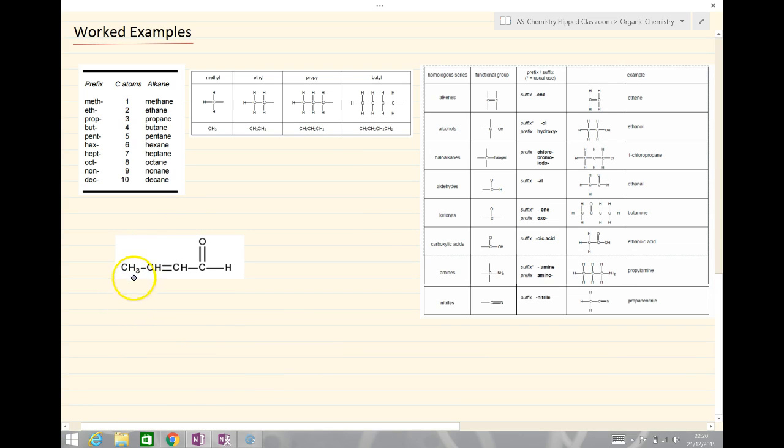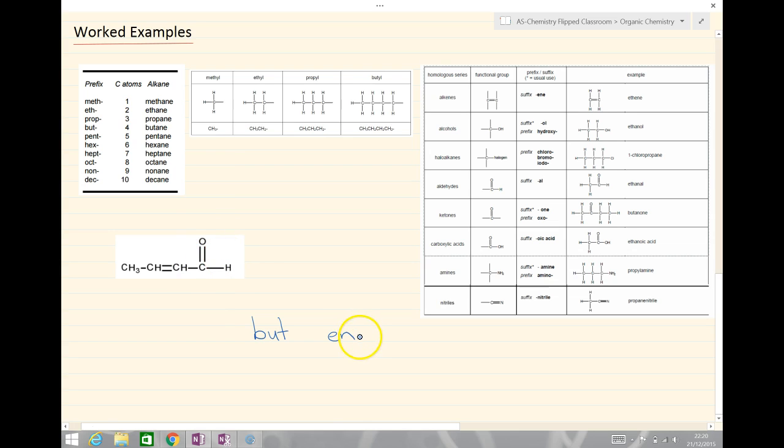This time we're going to look at the fact that we've now got 2 functional groups, and we've got 1, 2, 3, 4 carbons in our chain again, so we're now but. We're not a single covalent bond, so we're not an alkane. We've got a double bond, so it has to be an ene. We're going to need to give a position as well. So we're not just ene because we've also got this ending, which is an aldehyde ending.